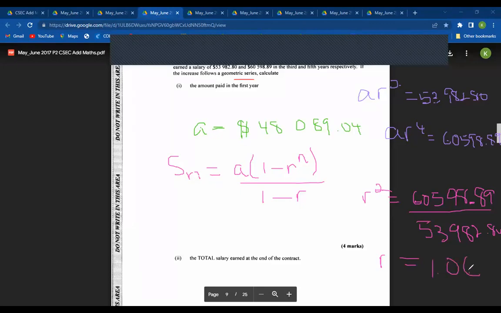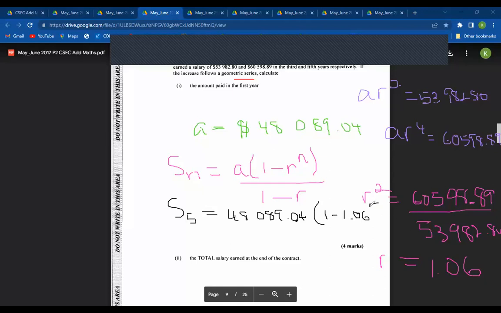Is everybody getting this? Yes, no? Wait, I get 1.1. Hold on. I think I wrote a different number. I get 1.12. You found the square root of this fraction here.